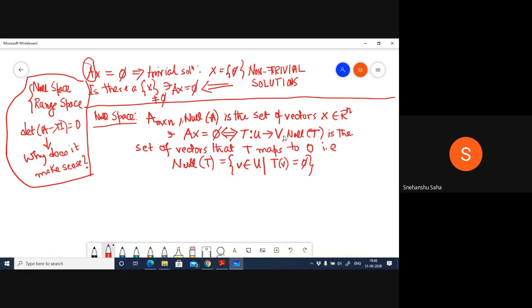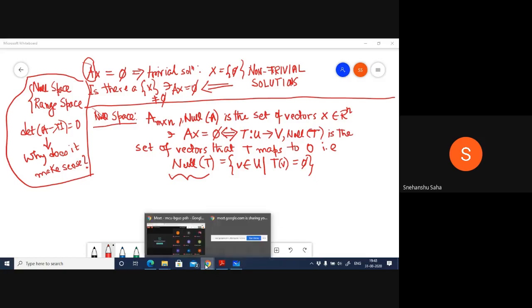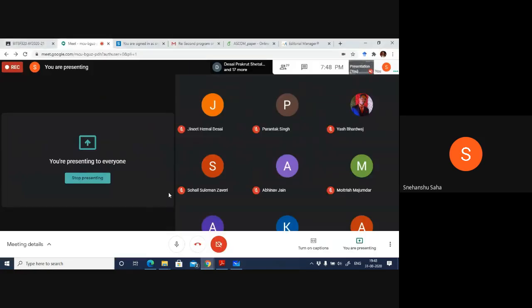At this point, I would like to ask you a question. Do you think that this null of T is a subspace of the vector space U? You can speak.